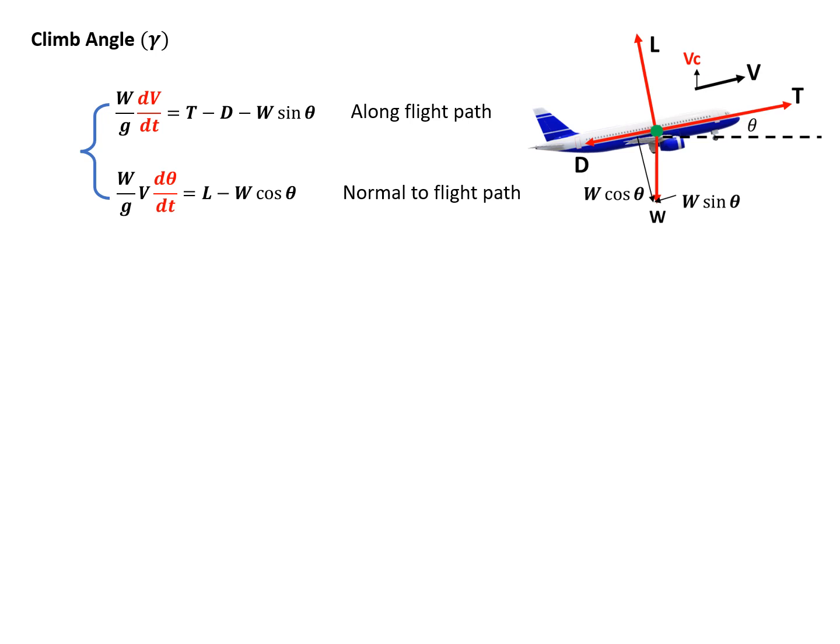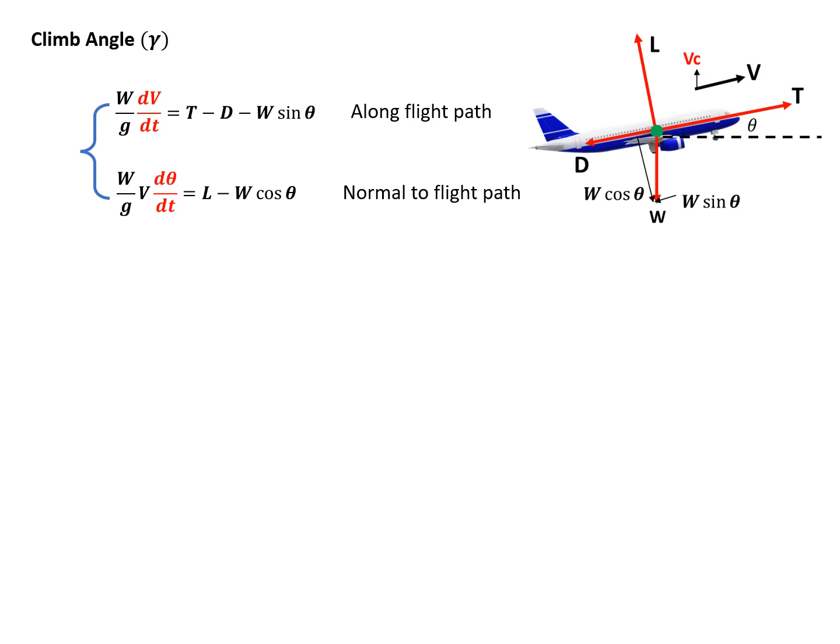Along the flight path, we have the thrust, the drag, and also a component contribution from the weight of the aircraft, that is W times sine theta. Normal to the flight path, there is lift and also the contribution of weight, W times cosine theta.